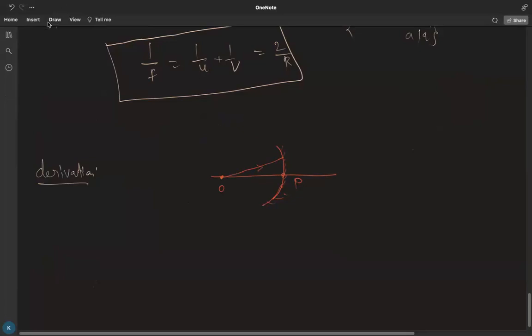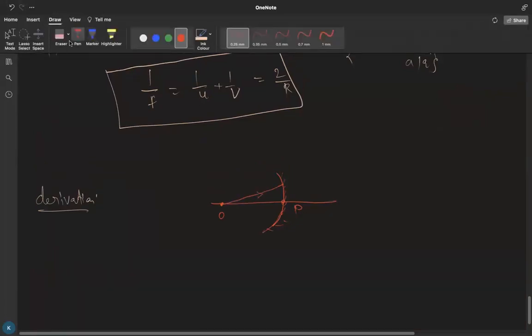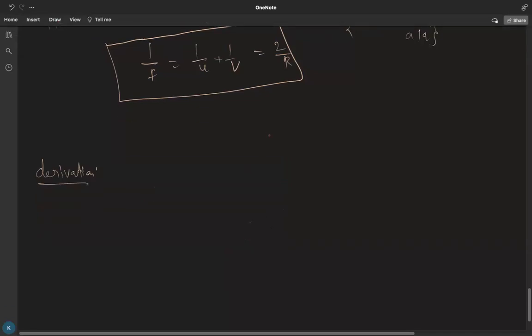Let me make a big figure, otherwise it becomes very tough to understand. The thing is, we can't draw the semicircle easily, so I have to struggle here. Okay, that's fine. So this is our concave mirror.